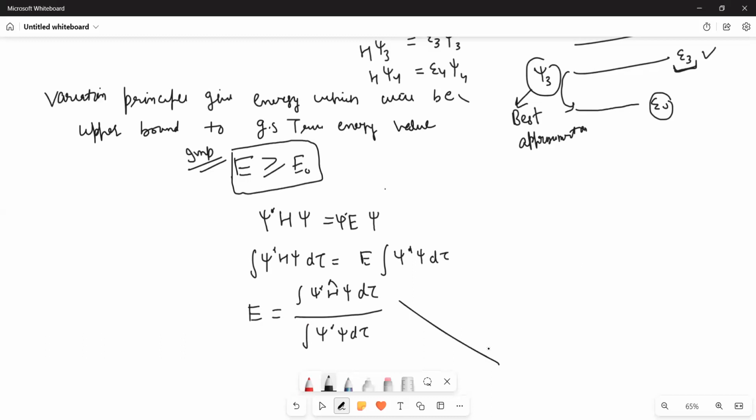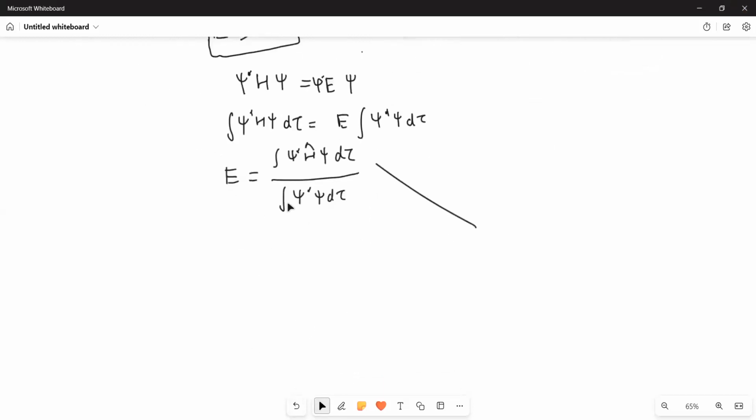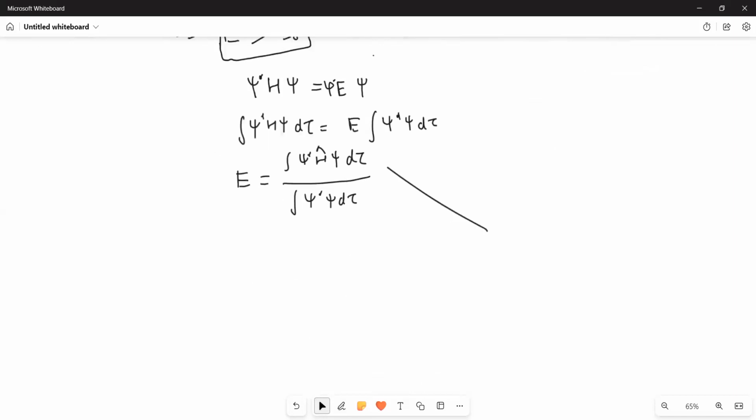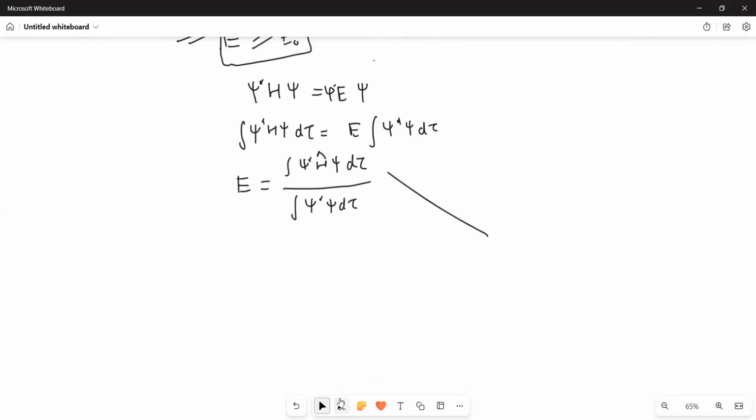But here we have some important points. Your wave function will be the trial wave function psi. It will always be some linear combination of some atomic wave functions.